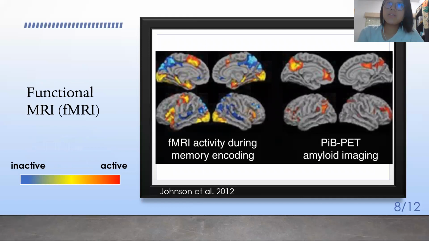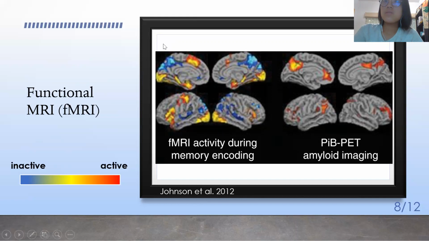The second method I would like to talk about is functional MRI. The main concept is similar to structural MRI, but here we measure the signal from blood oxygen related indices, such as blood volume or blood flow.